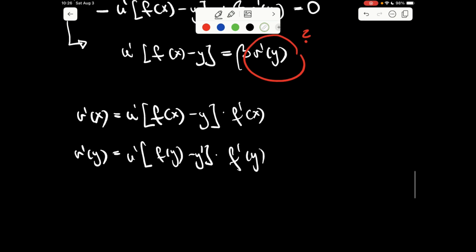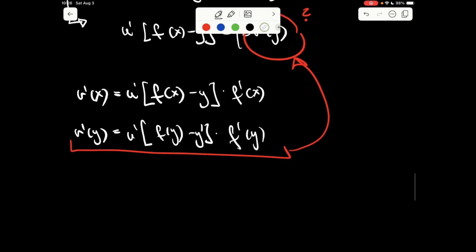And we can use this result in the first order condition. So finally, this is what we have.